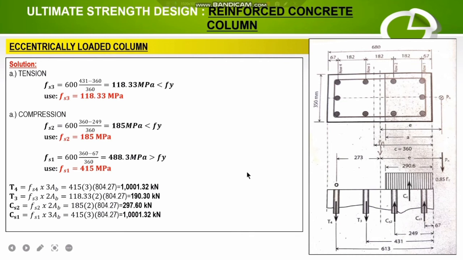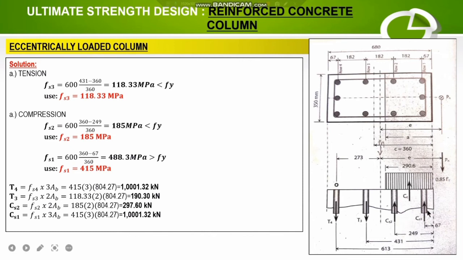Then to solve for the forces of these bars in each part, in the tension part and in the compression part, we will denote T4 and T3 as our tensile forces, while CS2 and CS1 as our compressive steel forces.